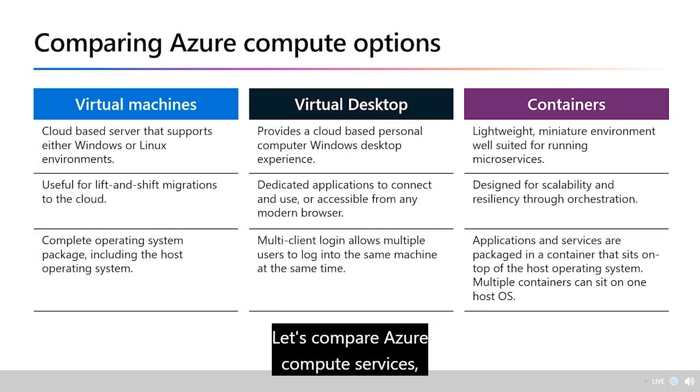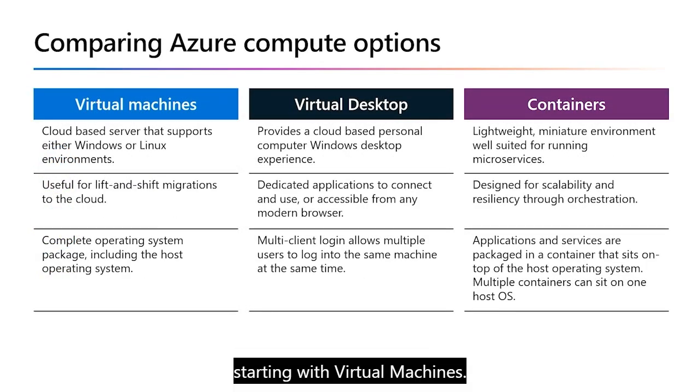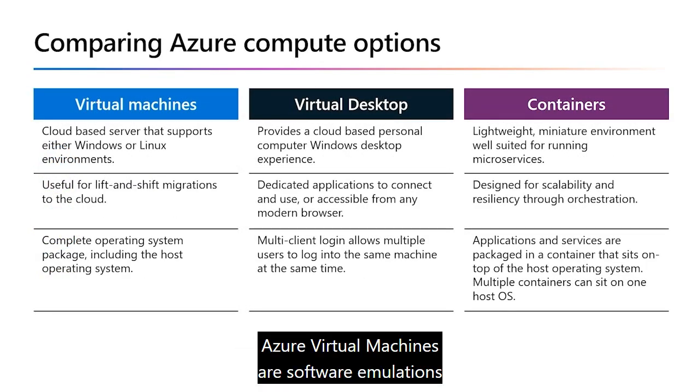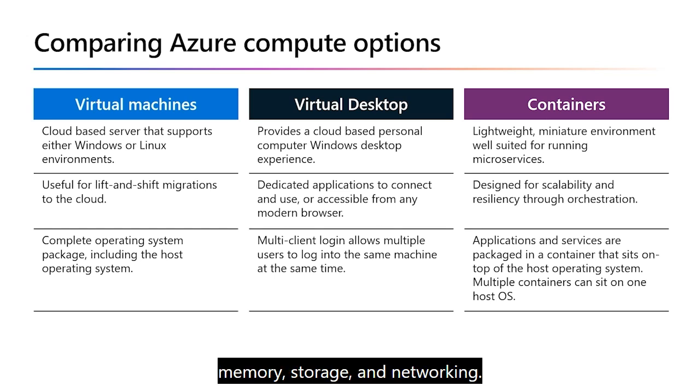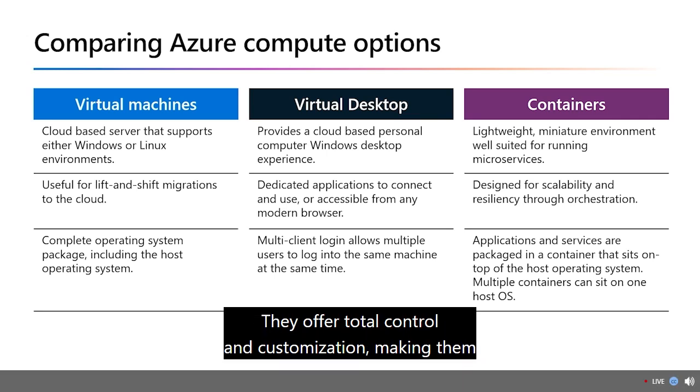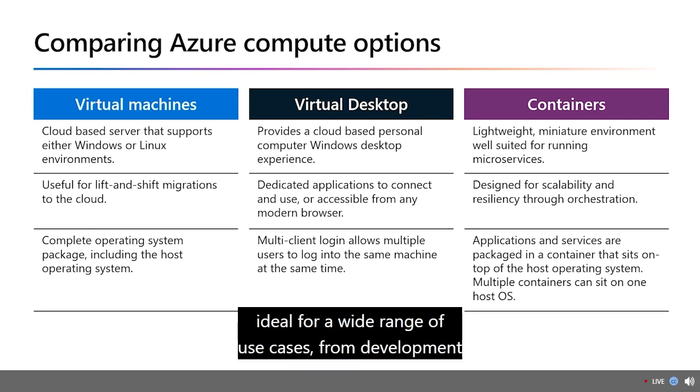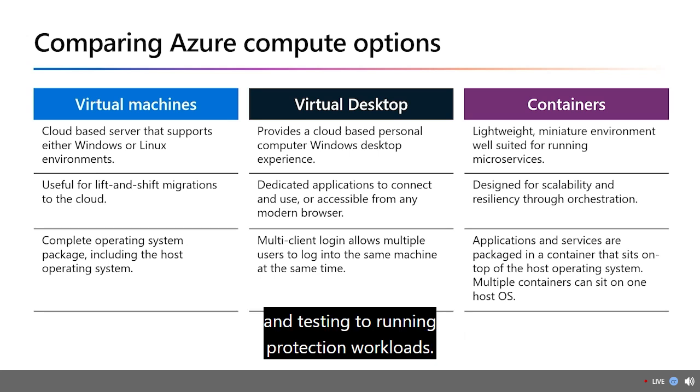Let's compare Azure Compute Services, starting with virtual machines. Azure Virtual Machines are software emulations of physical computers, providing virtual processors, memory, storage, and networking. They offer total control and customization, making them ideal for a wide range of use cases, from development and testing to running production workloads.